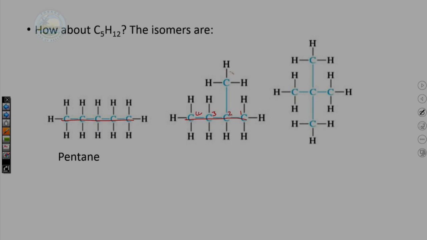So this has to be a 2, and we have a methyl group here. So it's going to be 2-methyl butane. 2 because the branch is on the second carbon, and methyl because it's a branch consisting of only 1 carbon.